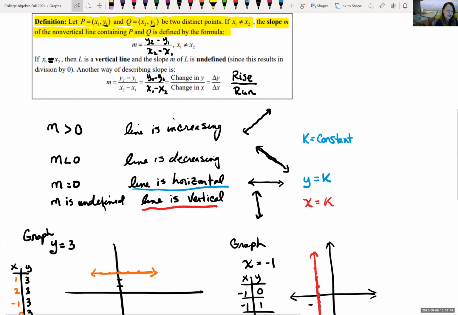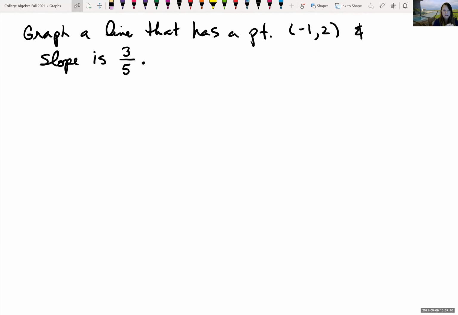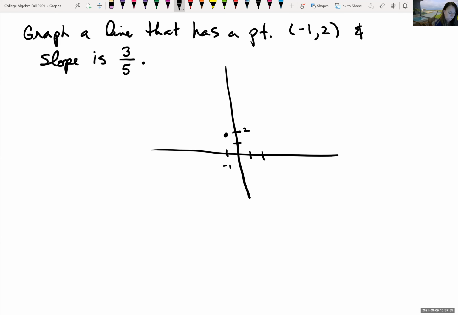So the numerator is telling us how much we're going to go up or down, and the denominator is telling us if we're moving left or right. So if I plot the point (-1, 2), this is telling me, if I use it as positive 3/5, we're going to go up 3 and to the right 5.